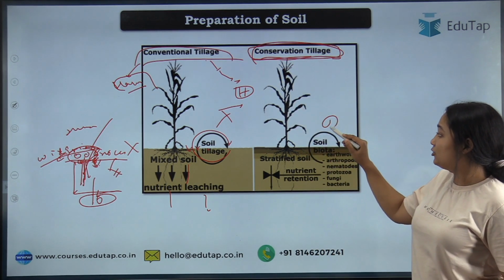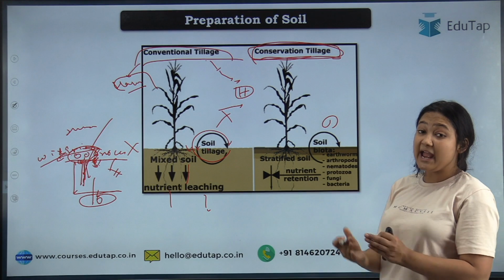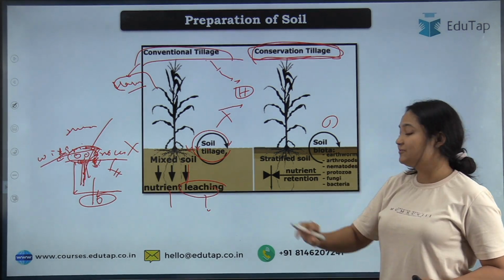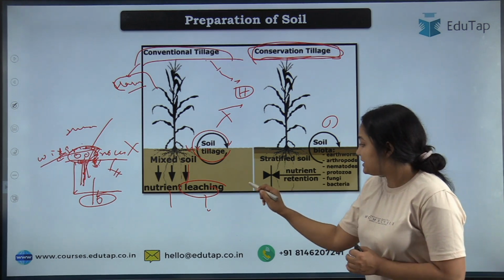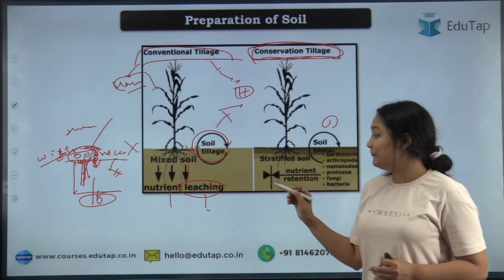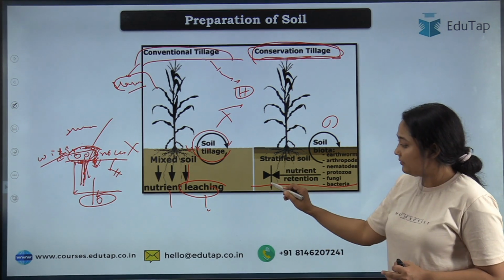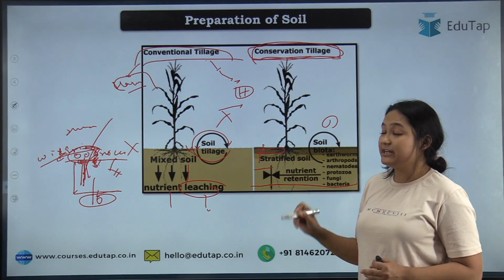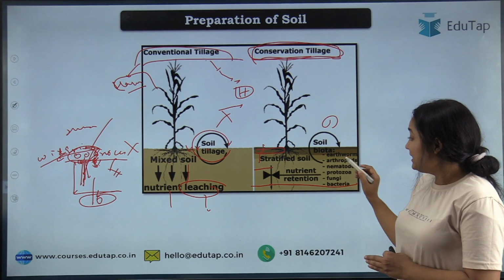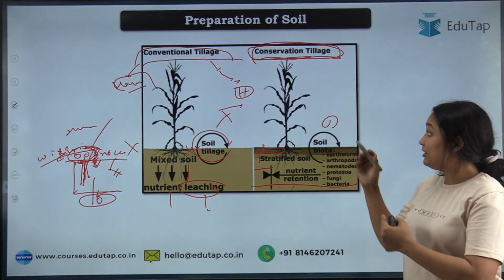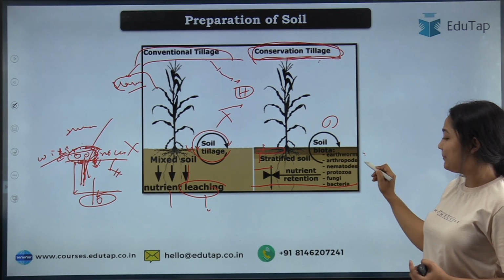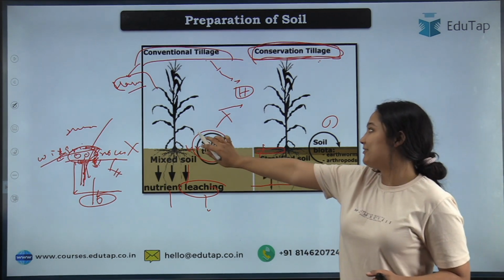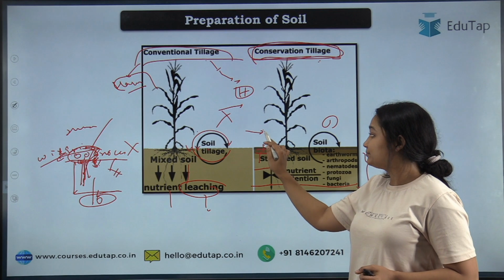Since we are not inverting our soil again and again and we are minimizing tillage, of course the nutrient leaching will be lowered. Because here you try to prevent deep soil tillage, even if you are doing tillage in the top layer, the nutrients will be retained in the lower layers. Also, since we are minimizing the tillage, your soil biota will be maintained. So all the disadvantages there are advantages here.